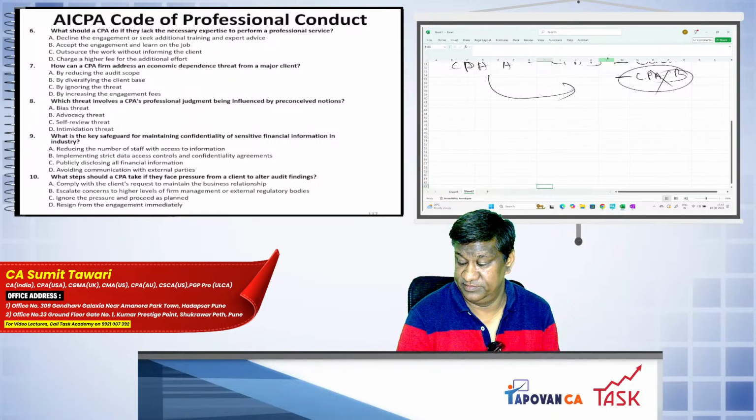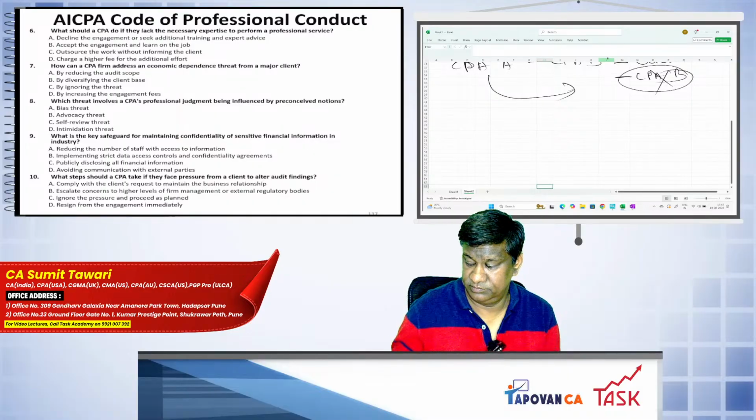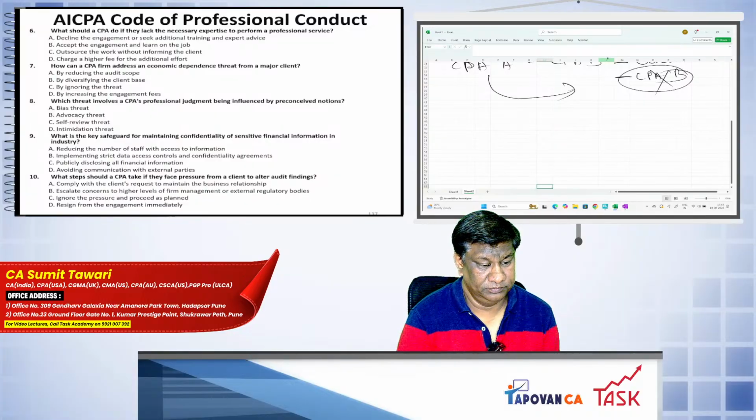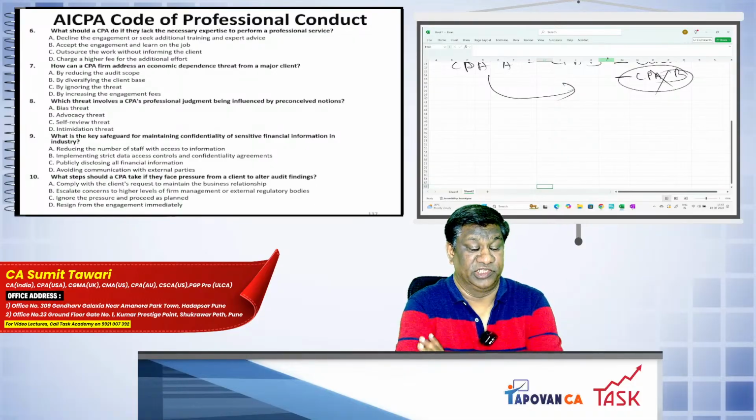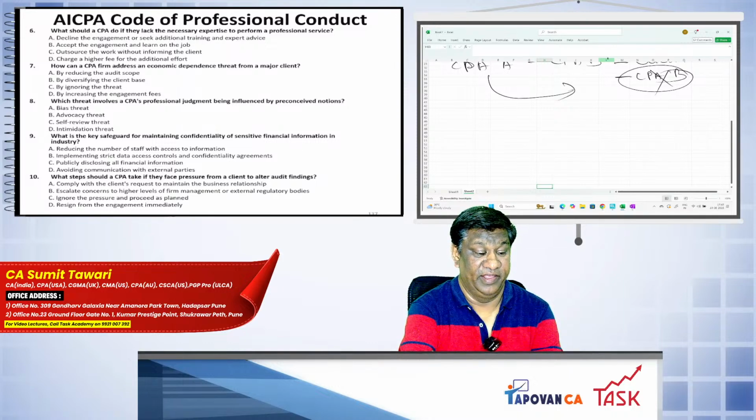Question number 7, option B. Question number 8, preconceived notion, option A, bias threat. Question number 9, option B.